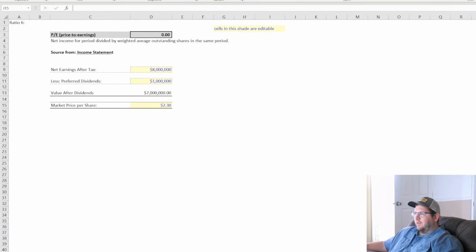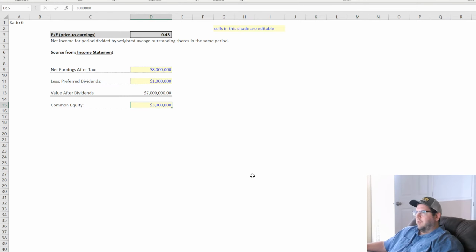And we want to take that divided by the result. And then we just have common equity. Let's say common equity is $3 million.